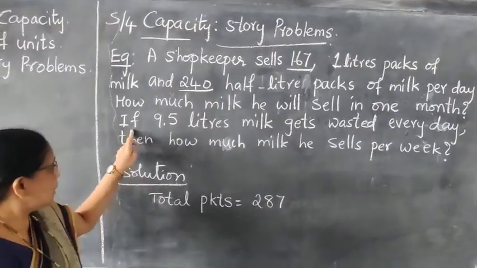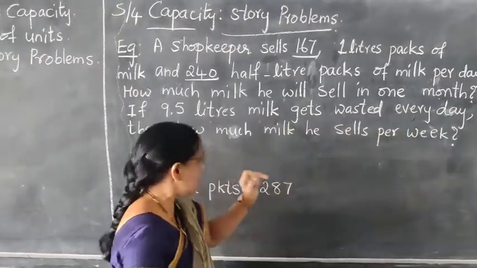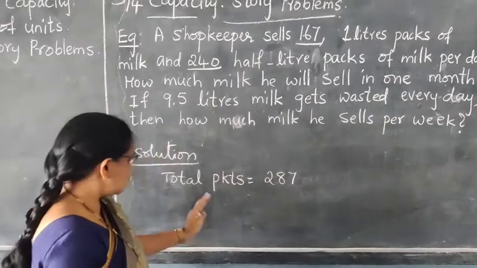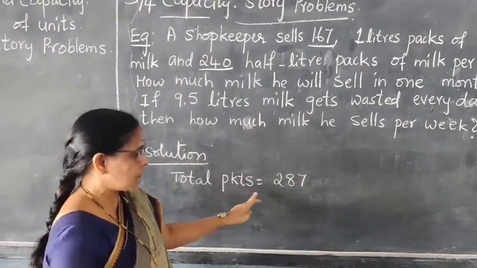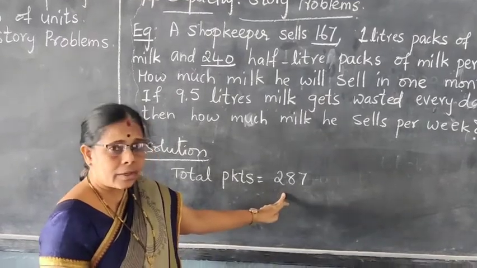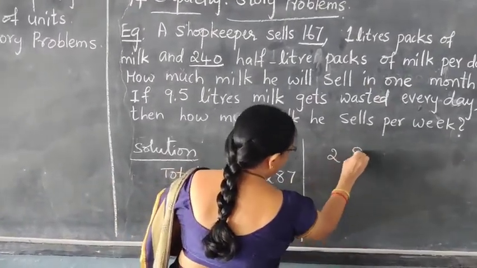Children, now if 9.5 liters of milk gets wasted every day, then how much milk does he sell per week? See, total packets, how many are there? 287.